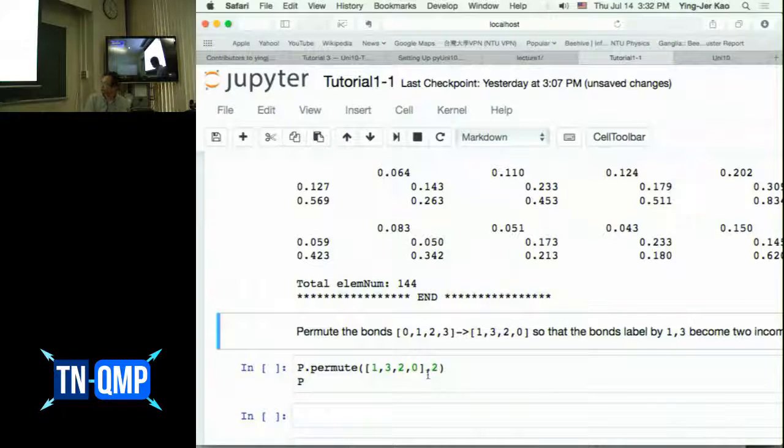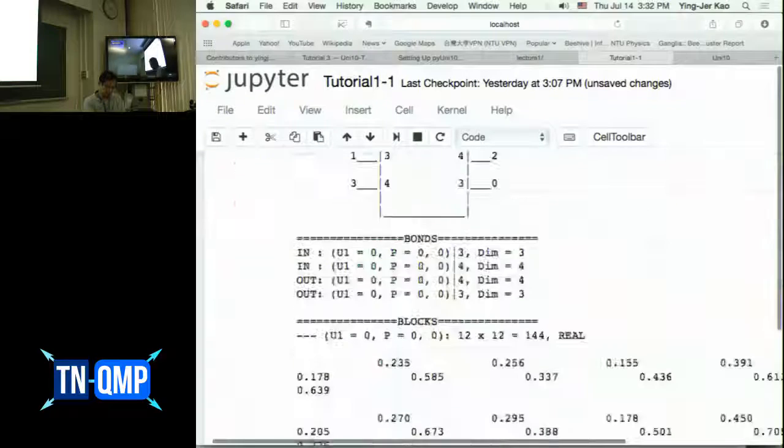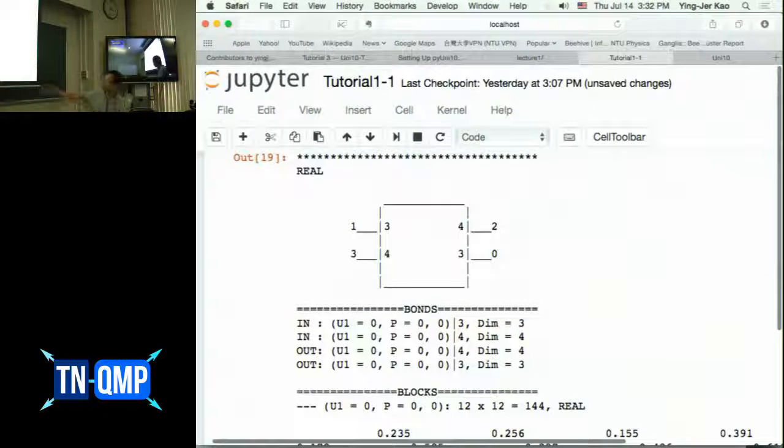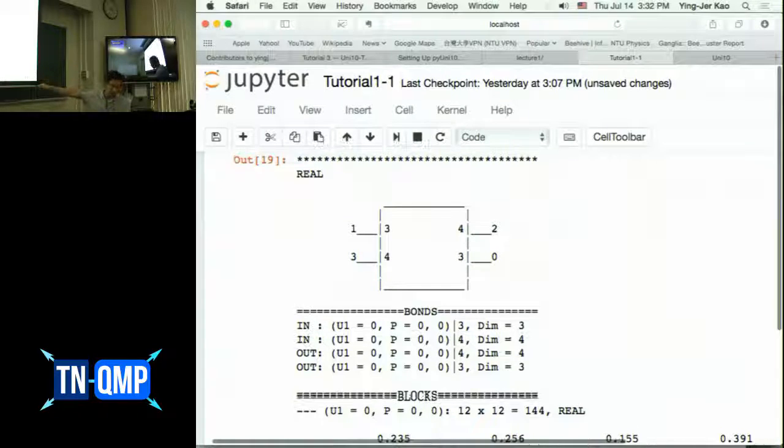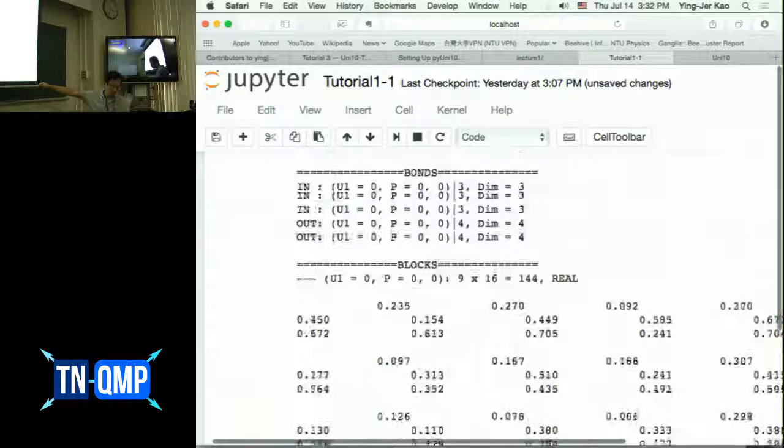So this permute is basically permuting the bonds 0, 1, 2, 3 to 1, 3, 2, 0. So just take the original label and permute them. And I want to keep two in bounds. So after the permutation, this is what I get, compared to this figure here.